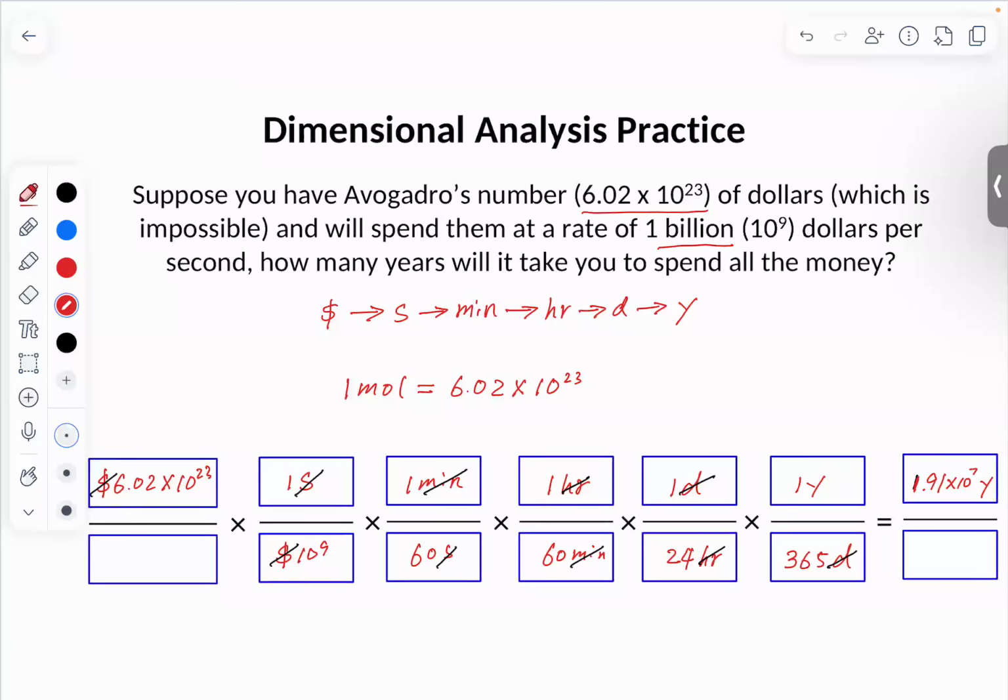Understanding the connection between these two ideas opens the door to many chemistry calculations, and dimensional analysis remains one of the most important and powerful problem-solving tools.